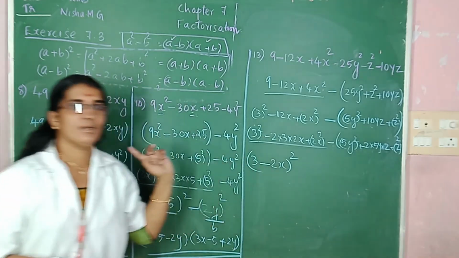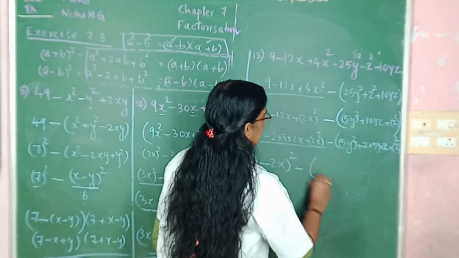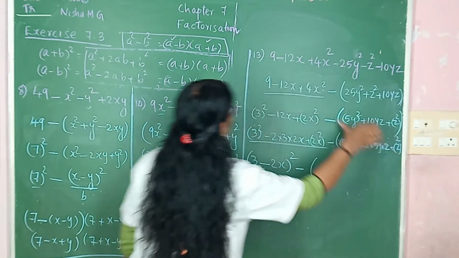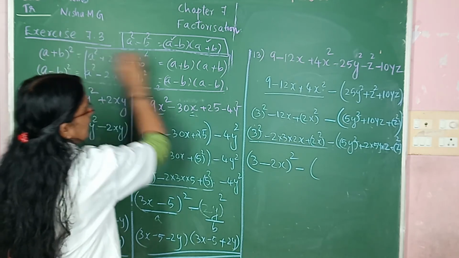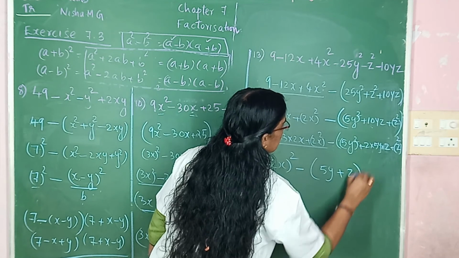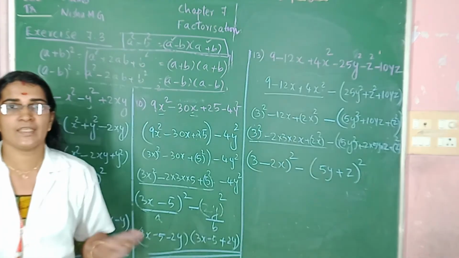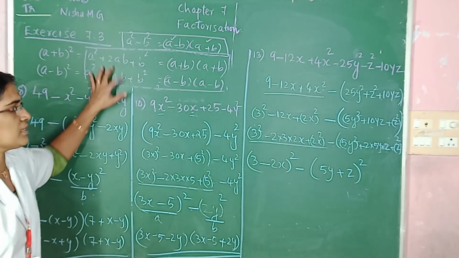Here minus, here also minus. Which identity? Compare. First identity. What is the answer? A plus b whole square. What is a here? 5y. What is b here? z. No factorization done. We just compare with the identities.